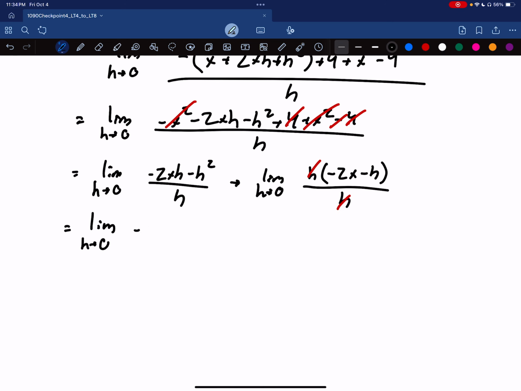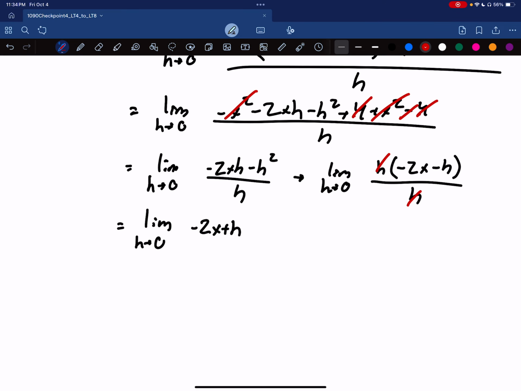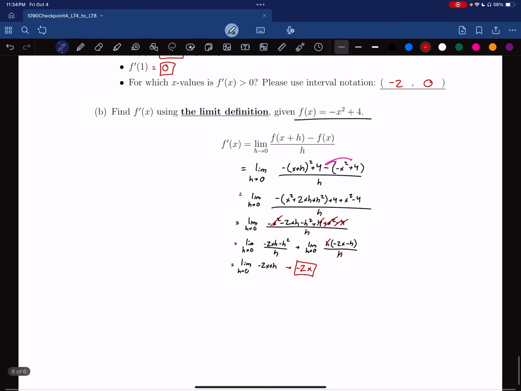So we have the limit as h approaches 0 of negative 2x minus h, and we see one h left. This looks pretty darn simplified. So let's just plug in 0 for h. We will get negative 2x. That is our derivative of the function there. Negative x squared plus 4, its derivative is negative 2x.